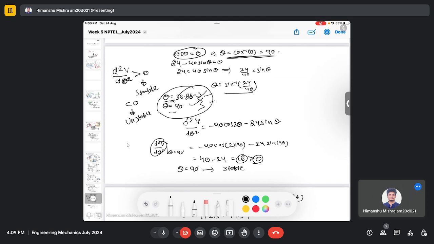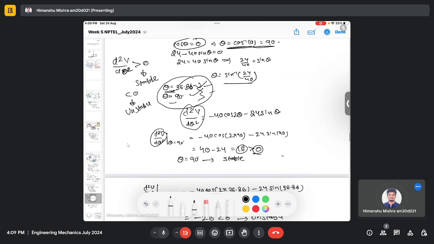Now we needed to check the stability of the system. For that we found the double derivative of the potential energy with respect to theta. We found that the equilibrium state at theta equals 90 is stable because the value of the double derivative is positive.